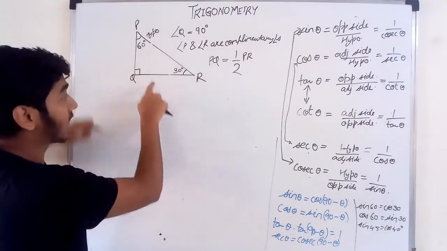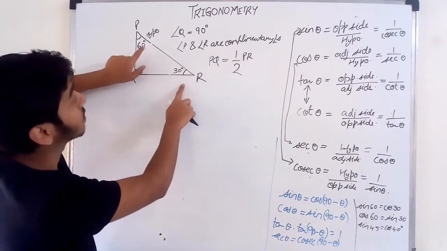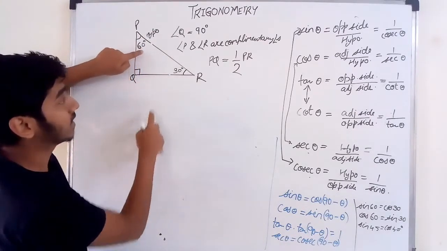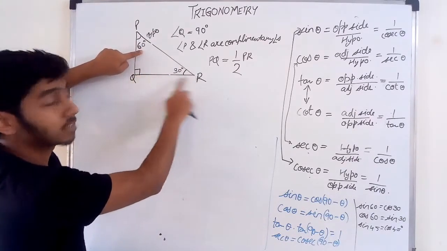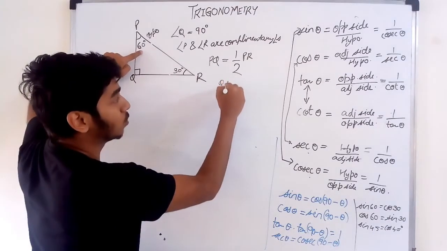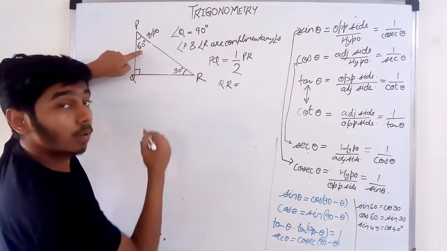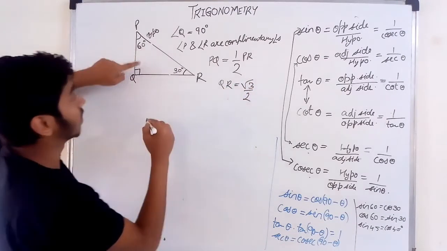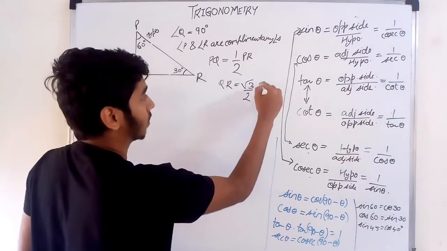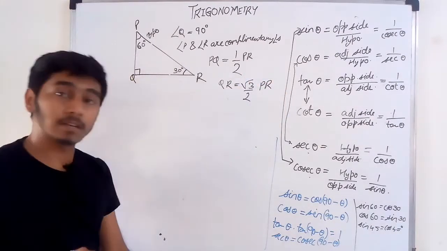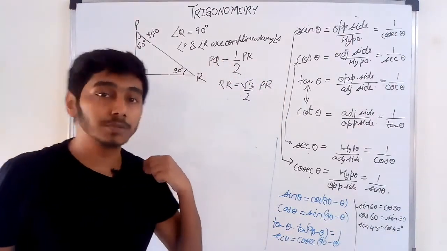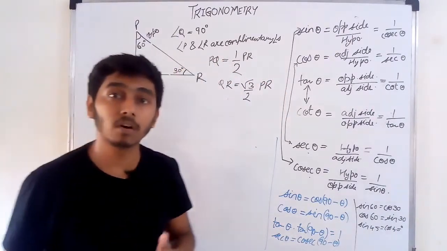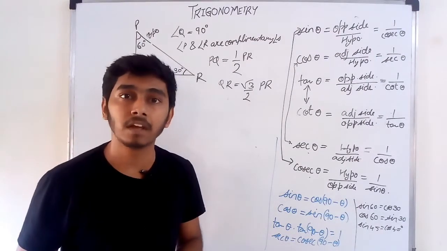Same way, the side which is opposite to 60 degree, so this is 60 degree, opposite to this 60 degree is QR. QR is root 3 by 2 the hypotenuse. Yes or no? These are the two rules which we saw in the theorem of 30 60 90 degree triangle, correct?